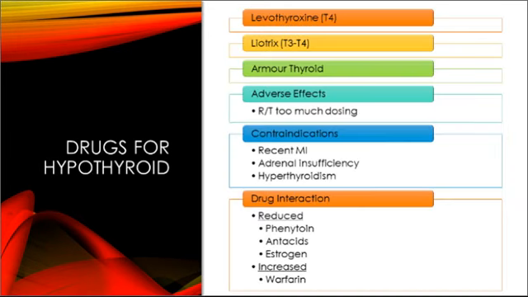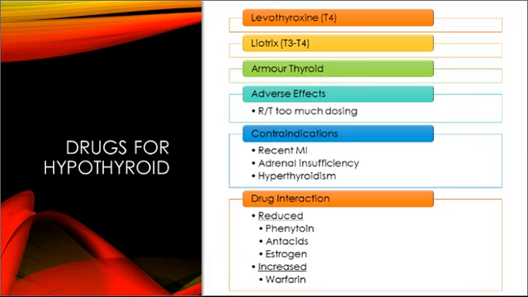So the opposite, hypothyroid, when the engine is too low and you need to replace the thyroid hormones, there's a couple of drugs that can be given. Levothyroxine, you've heard of Synthroid, is a very common brand name for levothyroxine, which is T4.